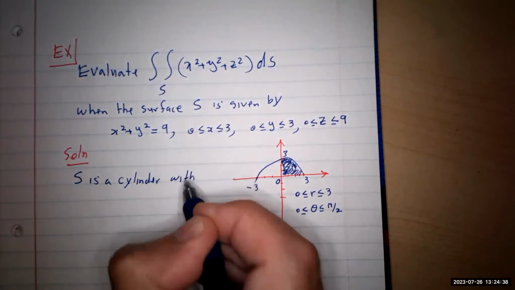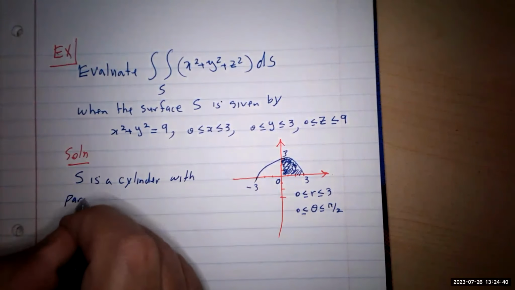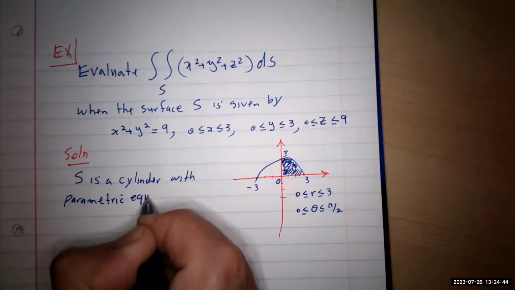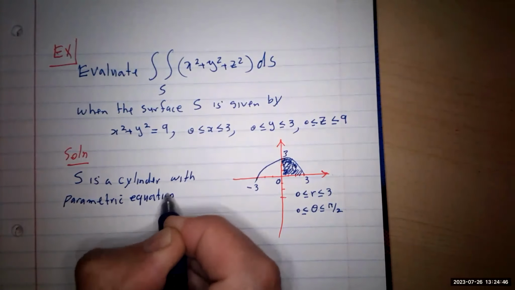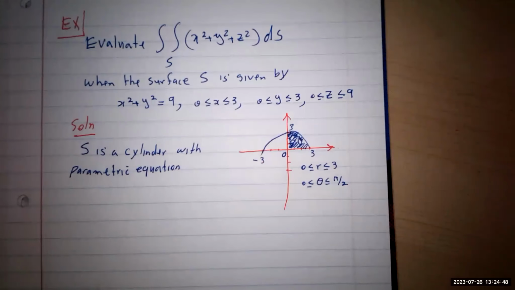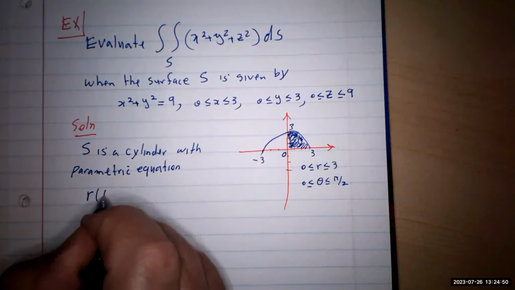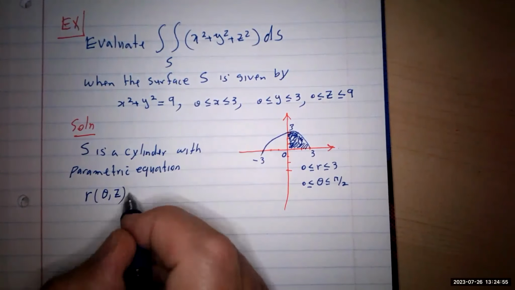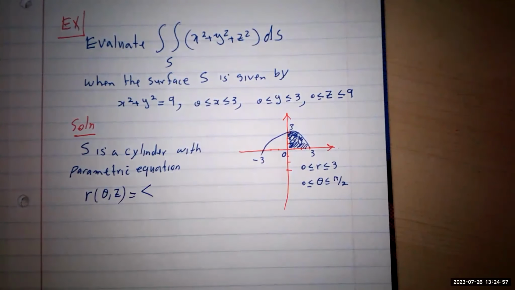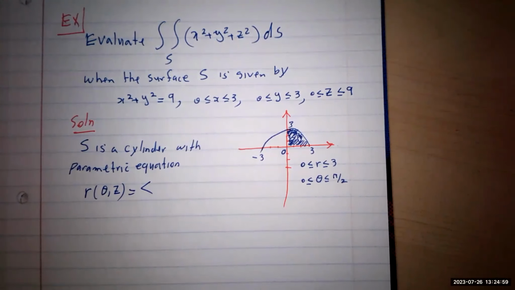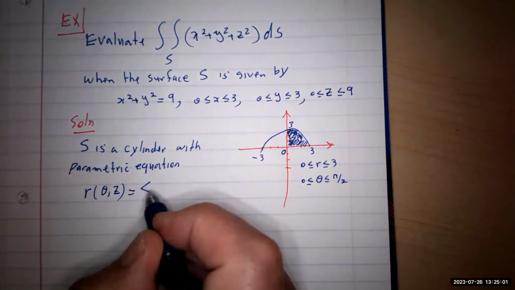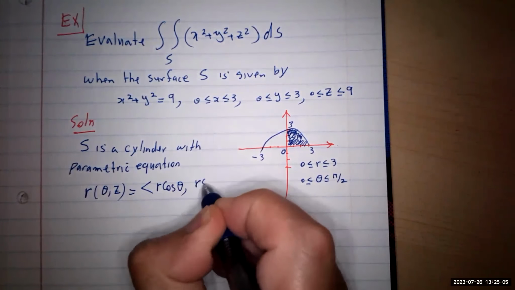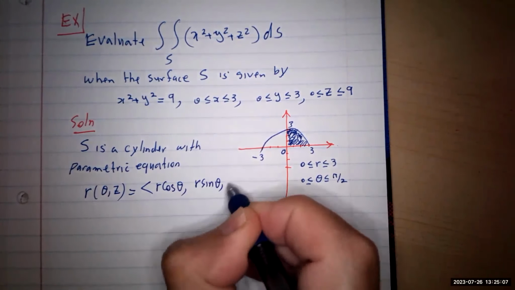Remember, r of theta and z is equal to r cosine theta, r sine theta, and the fixed z.